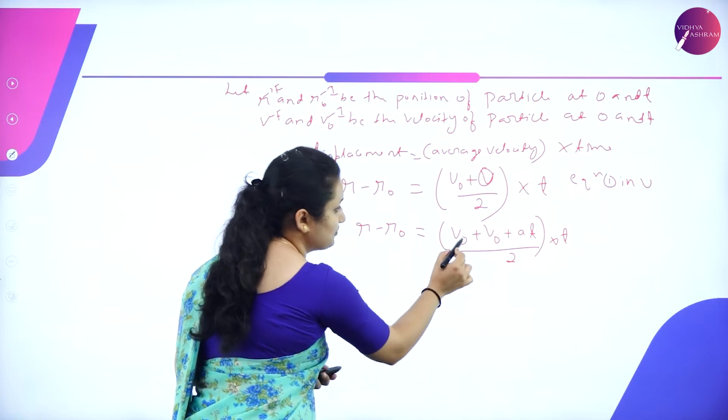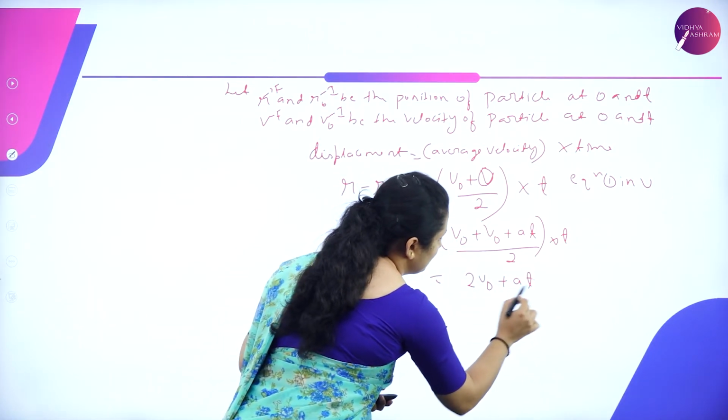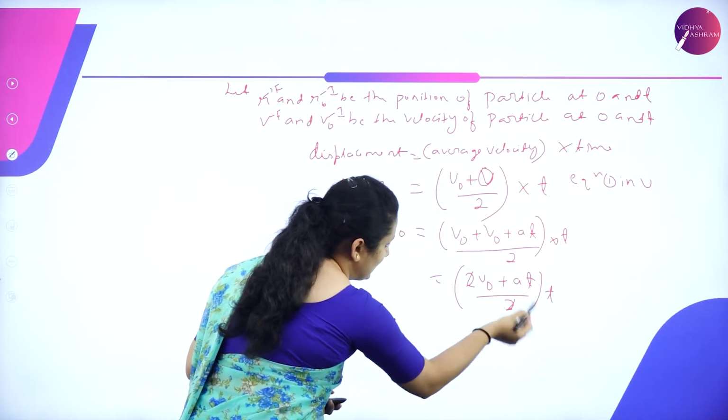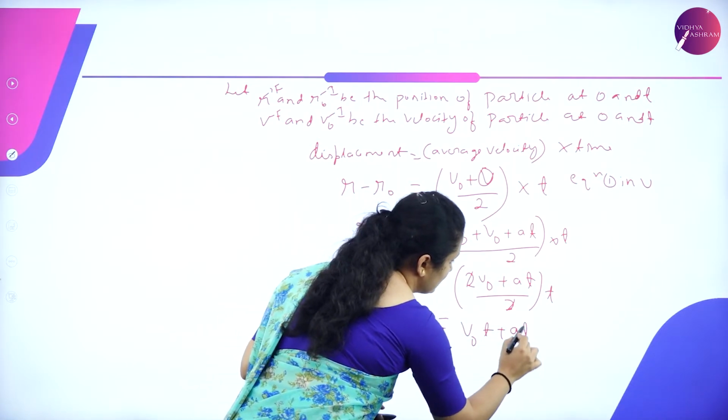On further simplification, v naught plus v naught is 2v naught plus at, divided by 2, into t. So the 2 cancels. Multiply t inside: v naught t plus at square.